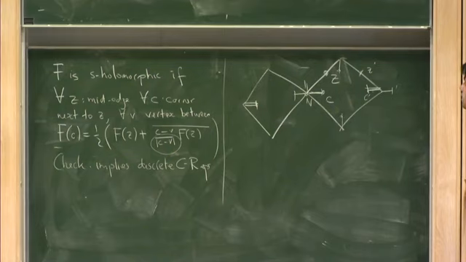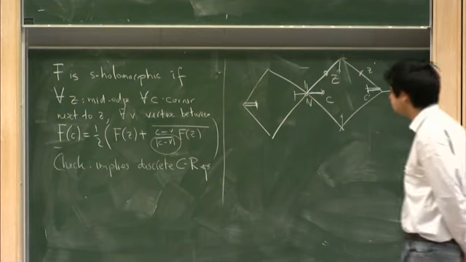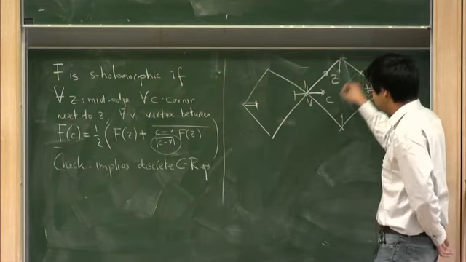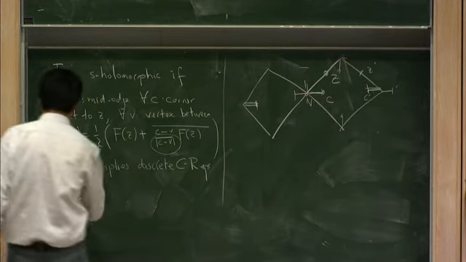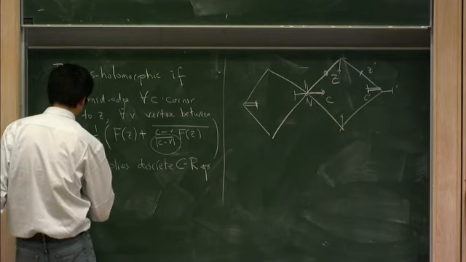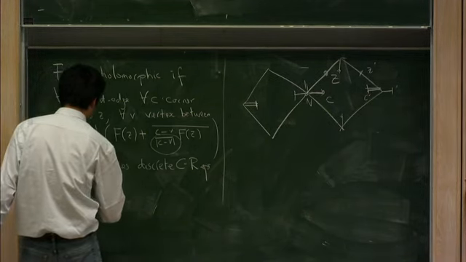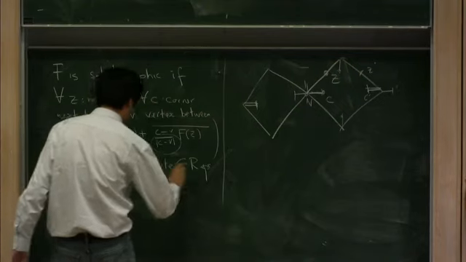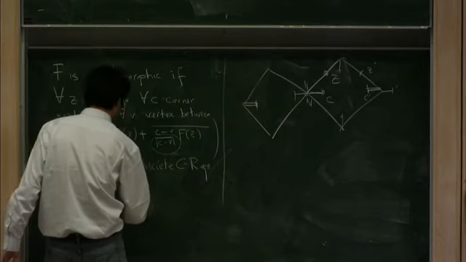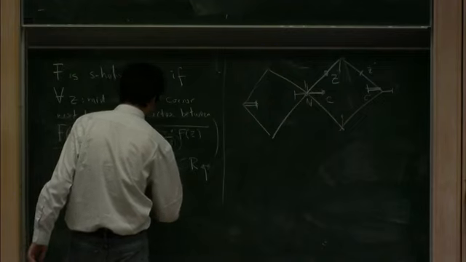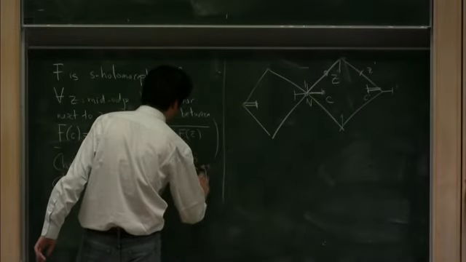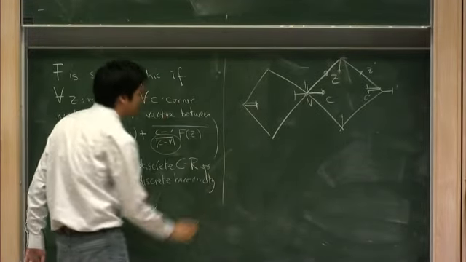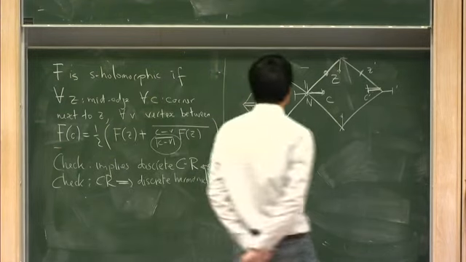Okay, so it can be checked that this implies the discrete Cauchy-Riemann equations in the sense I wrote, and that's important for us. But it can also be checked that the discrete Cauchy-Riemann equations imply discrete harmonicity. It's going to be important for what I want to present now. So what does discrete harmonicity mean?